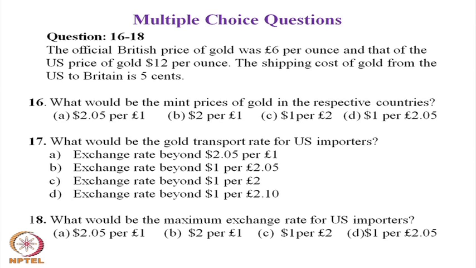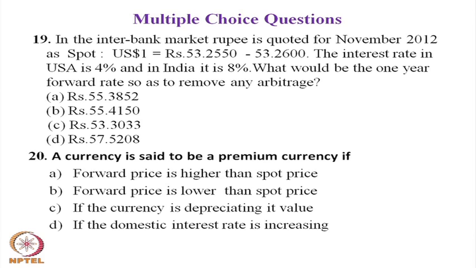Question number 19. Question number 19 is, in the interbank market, rupee is quoted for November 2012 as spot rate 1 US dollar is rupees 53.2550 to 53.2600.